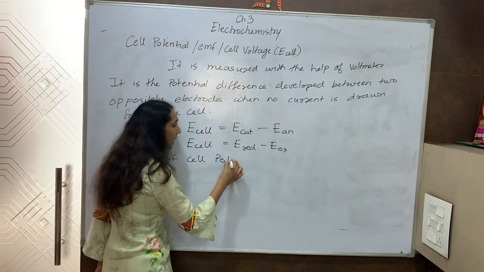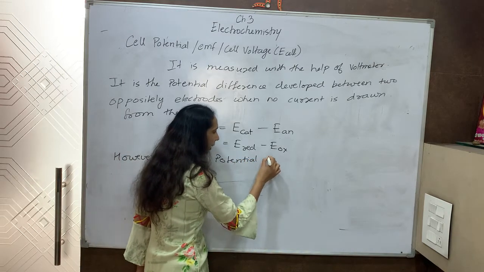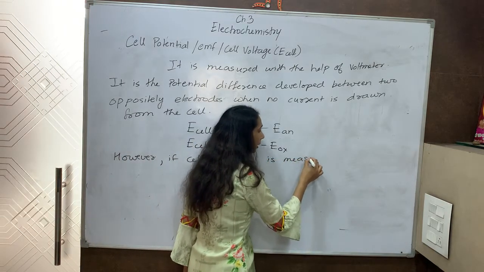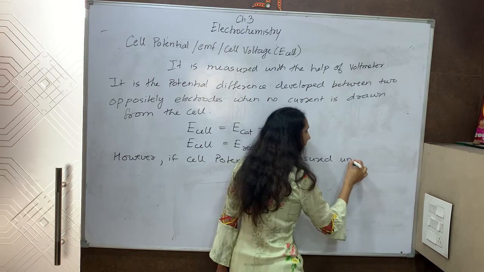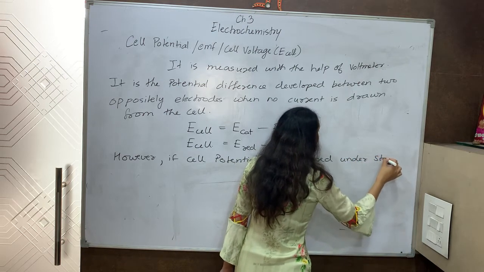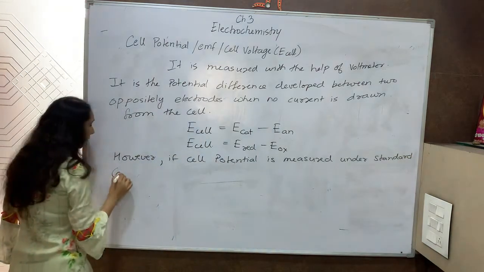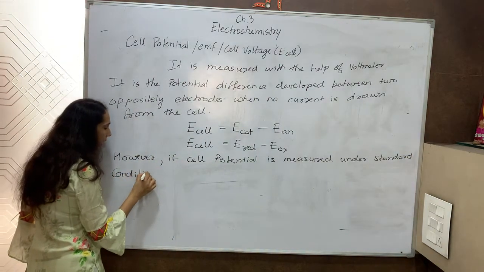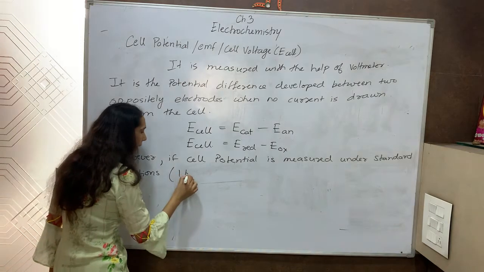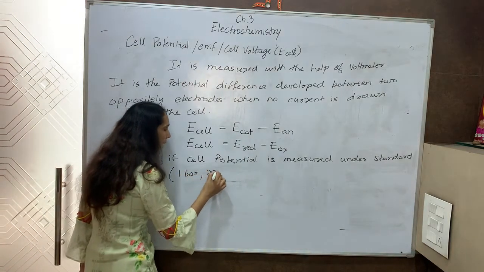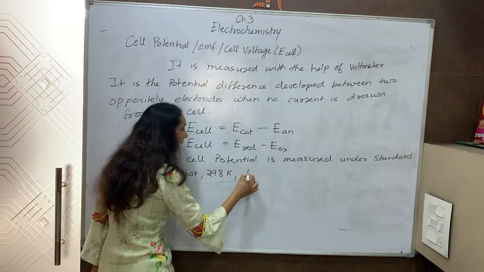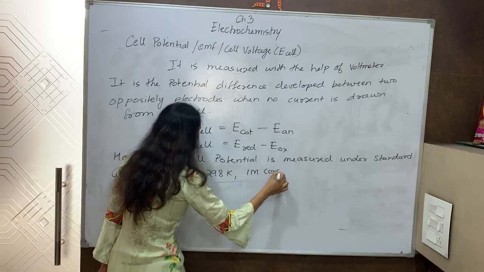However, if cell potential is measured under standard conditions, now what do we consider as standard conditions? In the standard conditions, we consider 1 bar pressure, 298 Kelvin temperature and 1 M concentration.